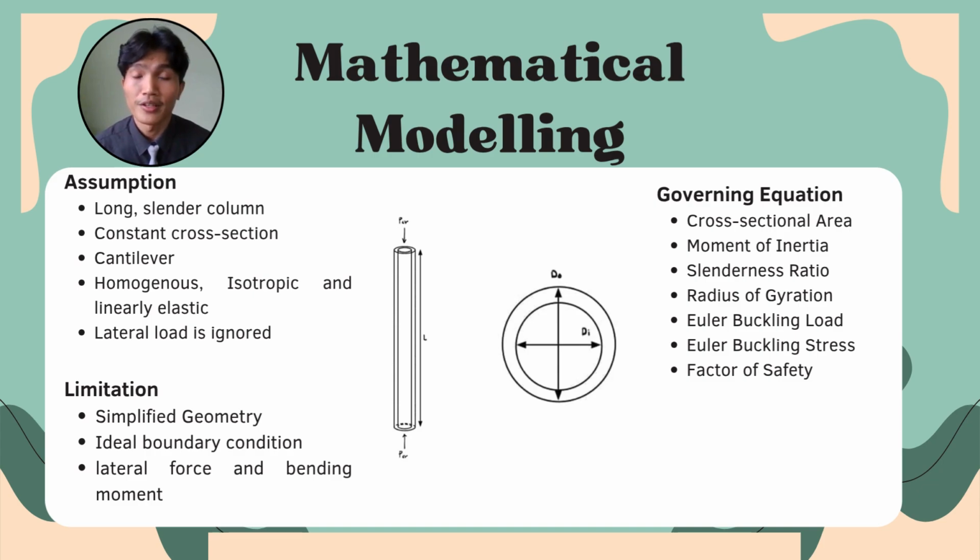For this part of the presentation, I will be explaining the mathematical model that we have developed to analyze the buckling behavior of a wind turbine tower. Our goal was to estimate whether the structure is safe against buckling under the axial load applied by the weight of the rotors, the blades, and the nacelle at the top of the tower.